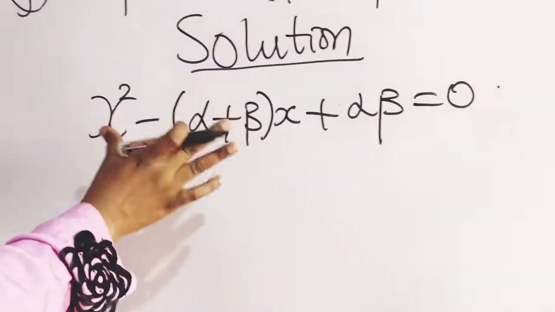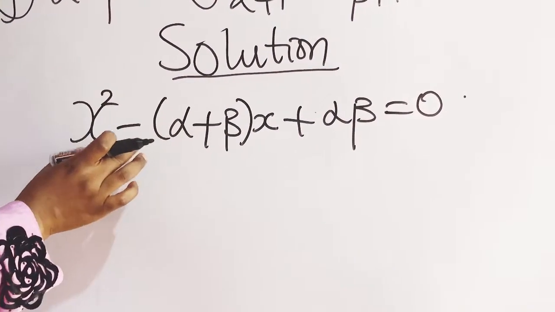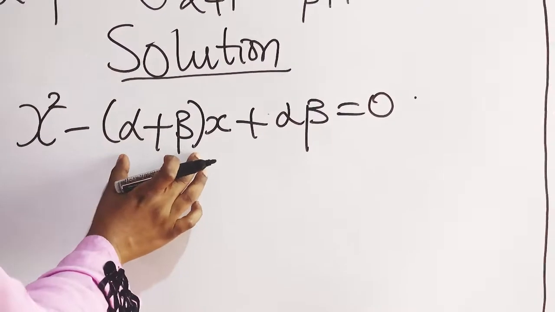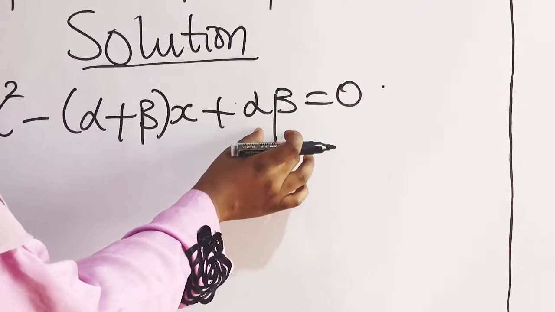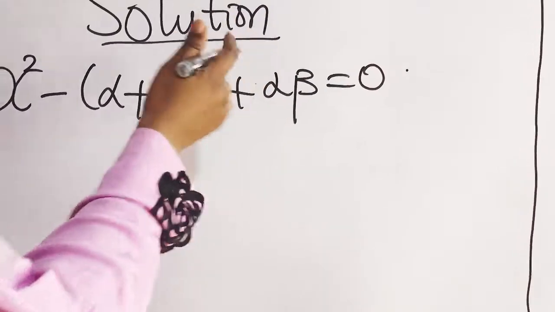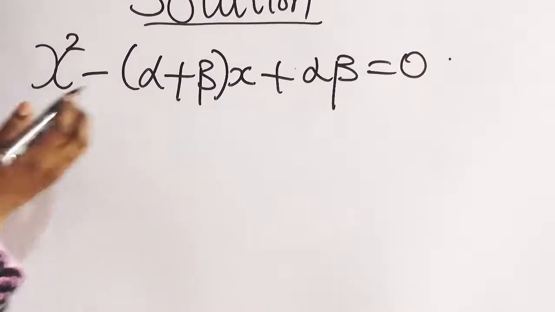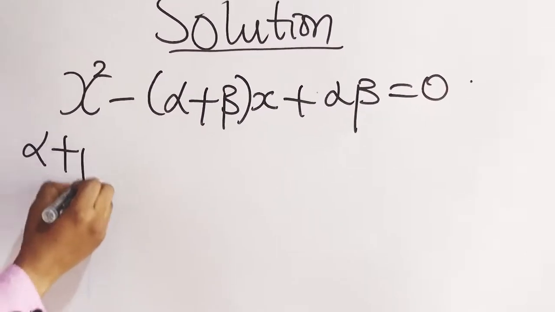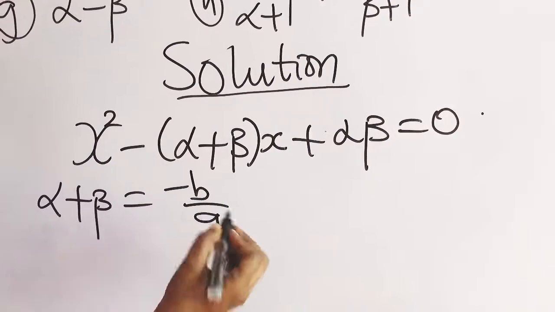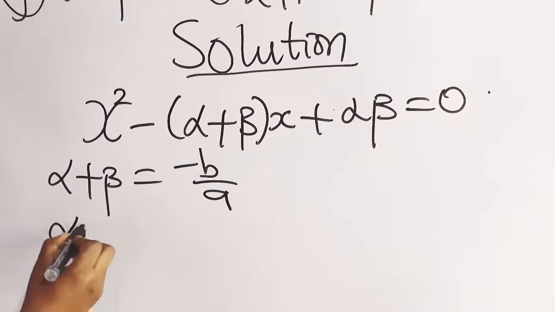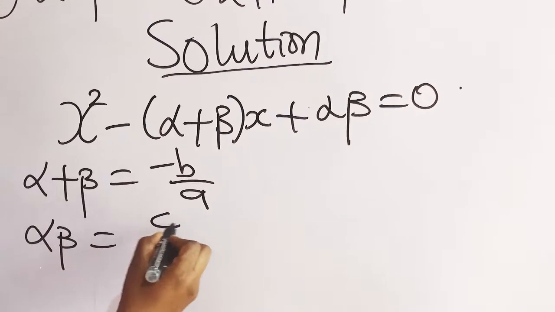So what this equation means is that x squared minus sum of roots multiplied by x plus product of roots. This sum of roots, that is alpha plus beta, means minus b over a, and product of roots is equal to c over a.